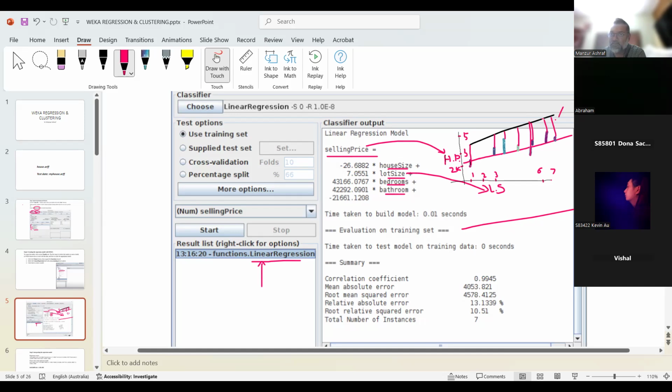So I can simply cross out this line and this line, as they are not the closest. This line I'm talking about is the closest, the most accurate, and this is the equation of this line.